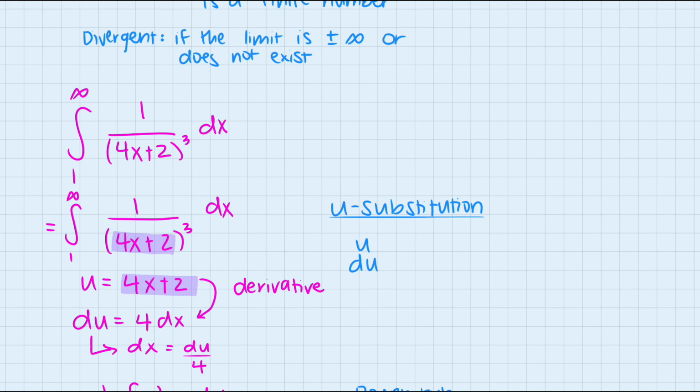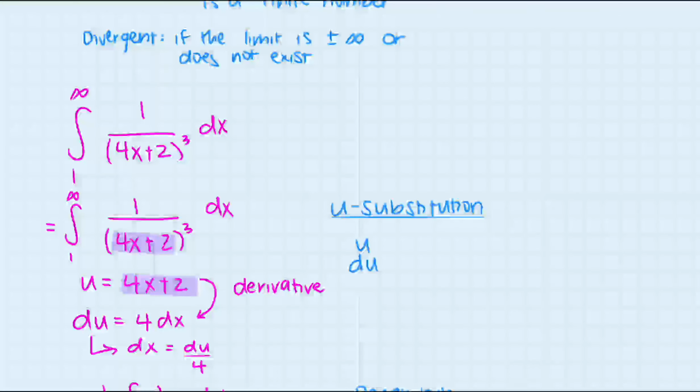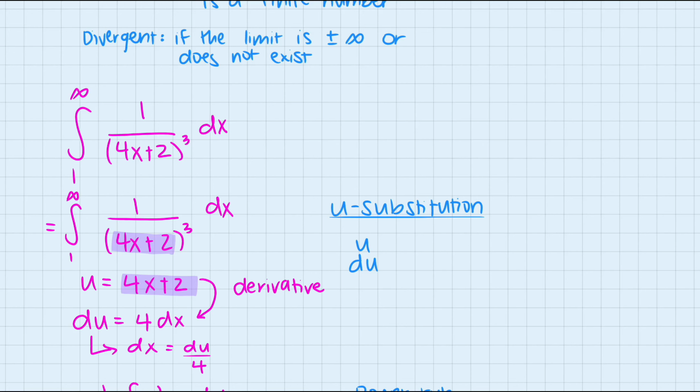So u equals 4x plus 2, and the derivative, du, equals 4 dx. The next step that I like to do is solve for dx, because that's what we'll be plugging back into the equation. So dx equals du over 4.